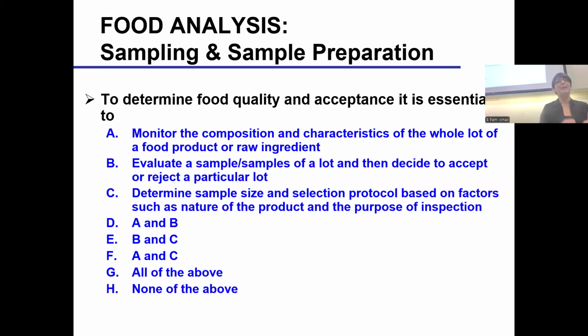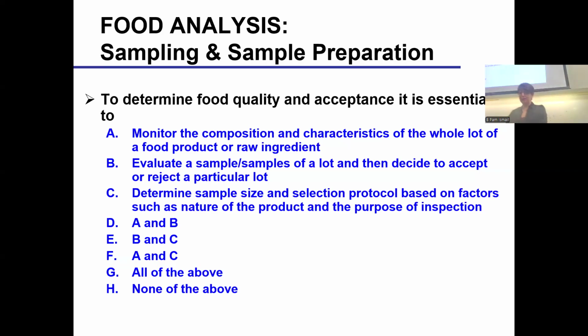That means how many samples, not the actual weight of the sample. It is, okay, I'm going to pick out 10 samples or 12 samples or 6 samples. That is the sample size, N equal. So the number of samples that you would pick from the entire lot and how you would pick it.